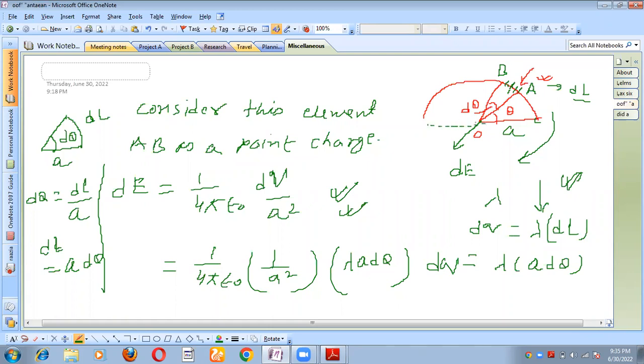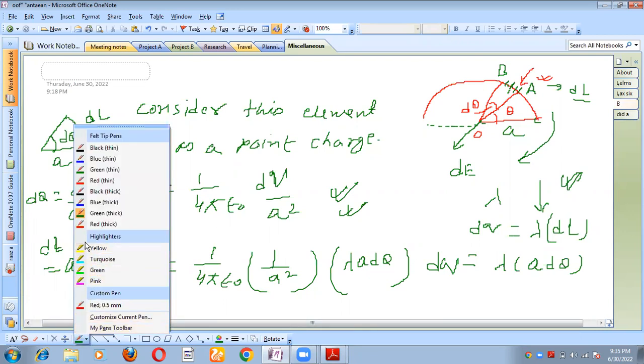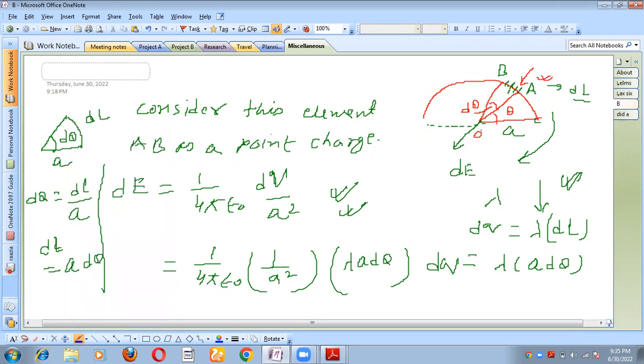If you see this point, the electric field is like this, so I will break it into two components. If this angle is theta, this angle should also be theta, right?